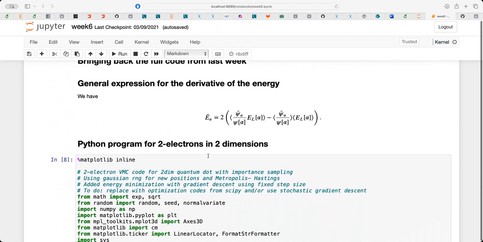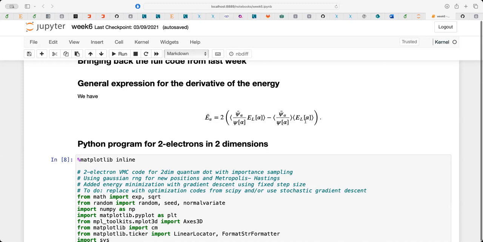The equation which you see here is the derivative of the energy with respect to the variational parameter alpha. So we need to evaluate this integral, and that integral, stochastically. The first code example, as we discussed last week, implements plain gradient descent.